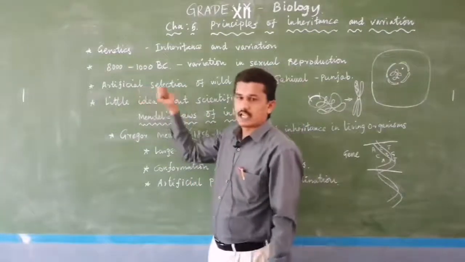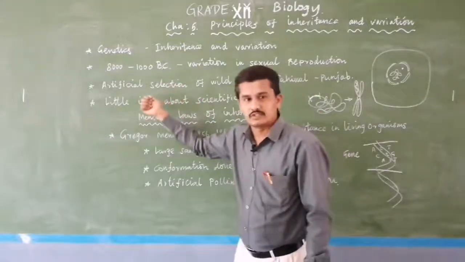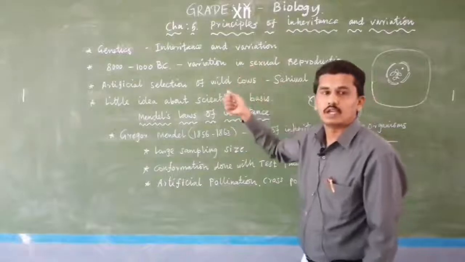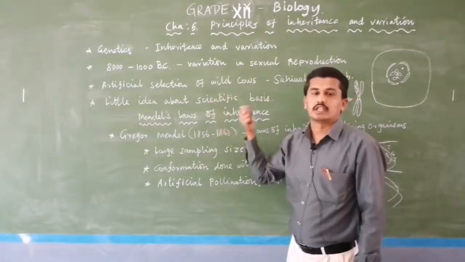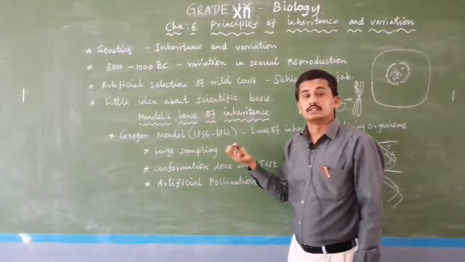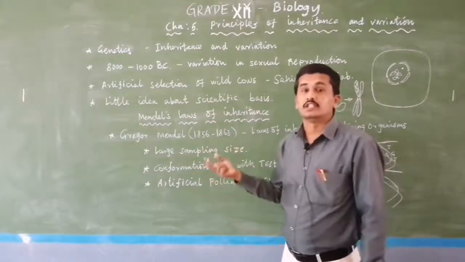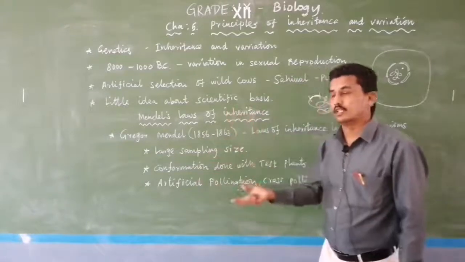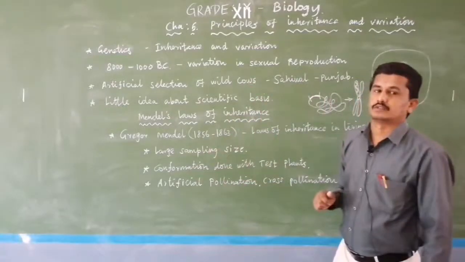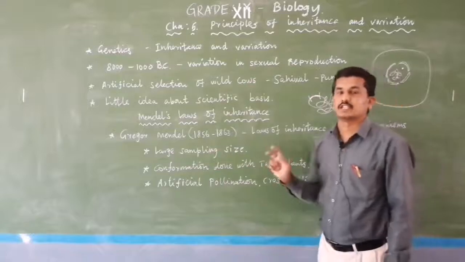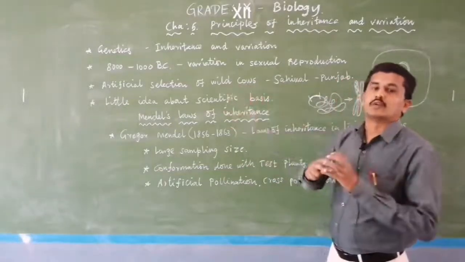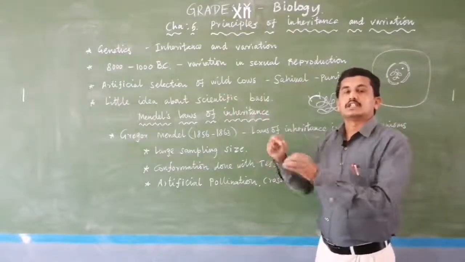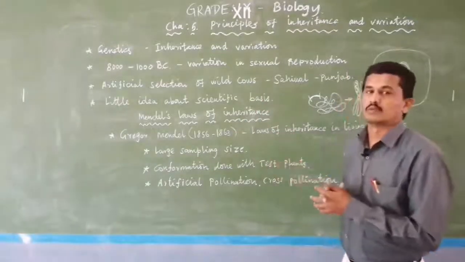Hybridization and artificial selection programs were already applied to wild cows. In modern days, new varieties of cows like Sahiwal, Murrah, Jersey, Red Sindhi and Holstein are present, but in olden days only wild cows were present, the Indian indigenous variety. From these wild cows, the best male and female were selected, and in the next generation the best yielding cow was produced.